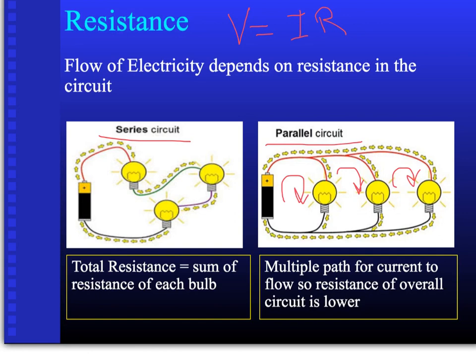So in the parallel circuit, each one of these current paths is going to have more current than the total current in the series circuit. So the parallel circuit is going to have a lot more current flow out of the battery.